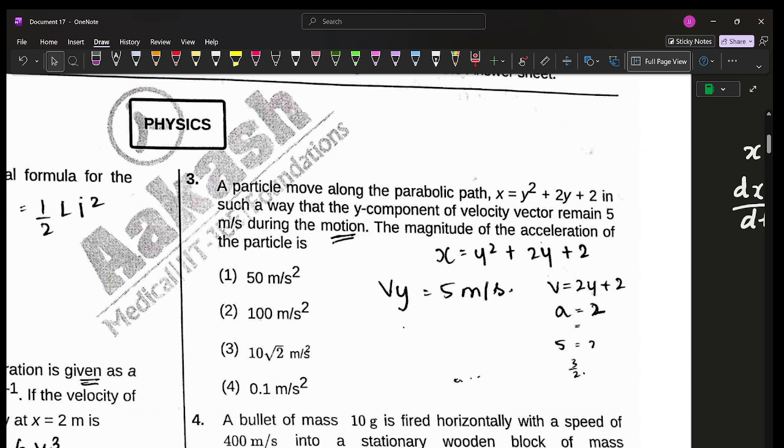So it's gonna be 10 dy by dt, that's 50 meter per second squared. ay is going to be 0 because velocity of y is constant, which is 5. So answer is going to be 50. Okay, very simple, simpler than I thought. Just have to know to differentiate at a particular time, integrate at a particular time.